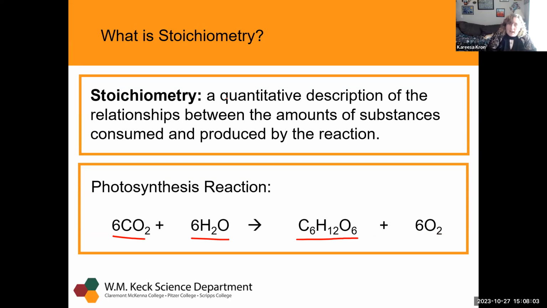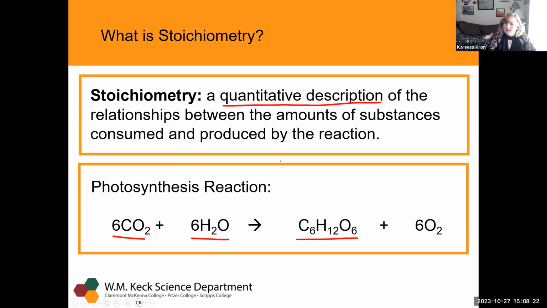So it's a mathematical representation, which is what quantitative description means. It has these sixes and ones and potentially other numbers that can tell us how much of a reactant or product we need to do some reaction.